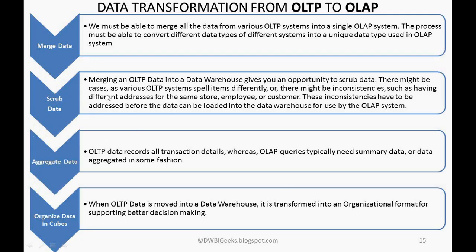Okay, coming to the next step, that is scrubbing data. Scrubbing is nothing but removing the parts that are not necessary. While merging OLTP data into the data warehouse, it gives us an opportunity to scrub data. Scrub data in the sense, if you want to remove some unwanted data that is present in the OLTP system, because that data is very useful in the OLTP system, but that data is not very useful for us in the OLAP system.